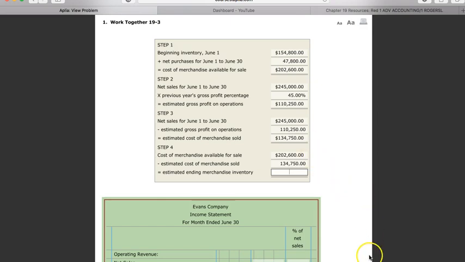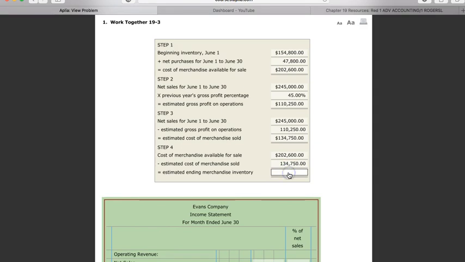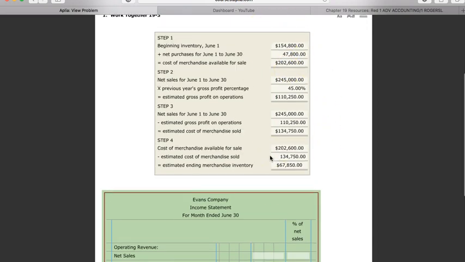And then if we subtract that, 202 minus 134,750, that's going to give our estimated ending merchandise inventory of 67,850. Okay, so these are the steps that we needed to do our income statement.